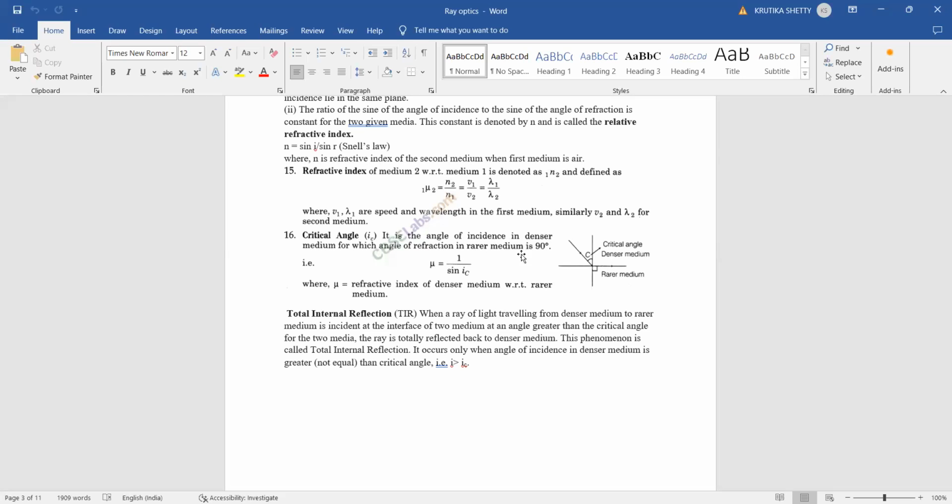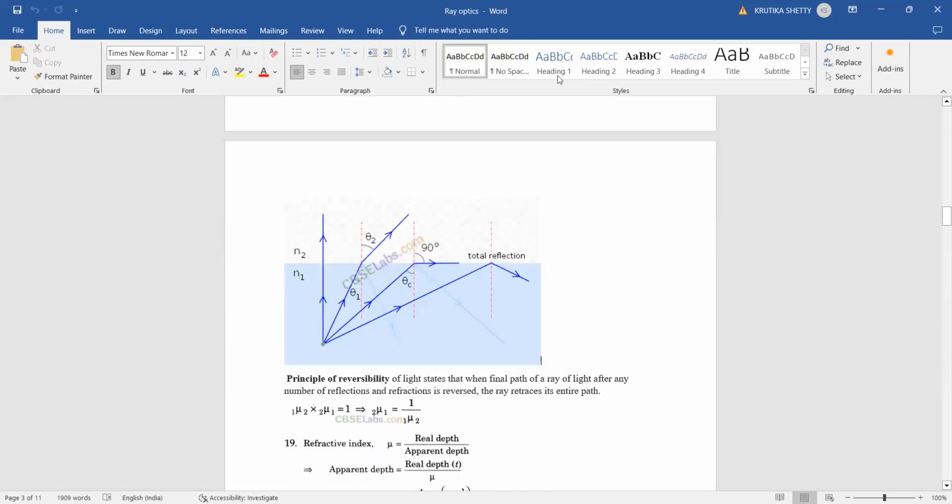So see, what is TIR, total internal reflection? When a ray of light... So what is total internal reflection? Yes, see this figure, it will be clear to understand.